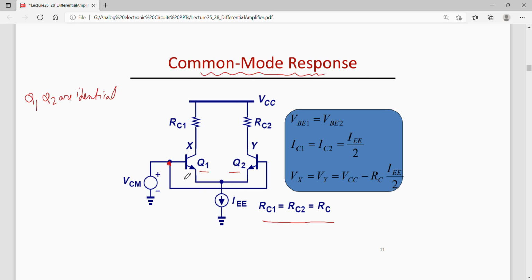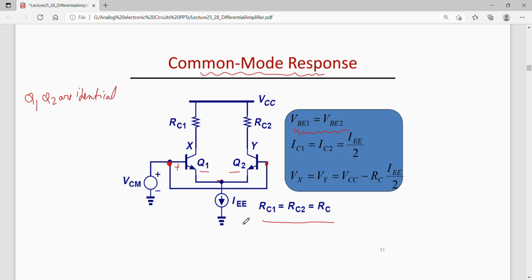Since the inputs are the same, VBE1 would be equal to VBE2.